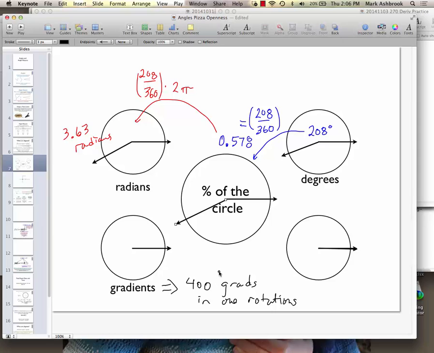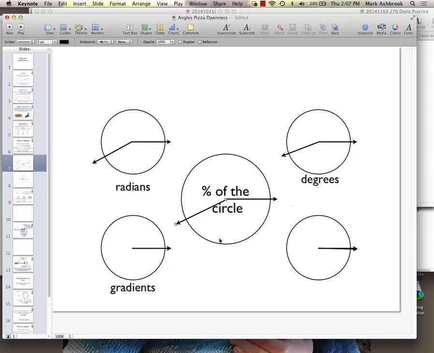Okay, so I want you to find how many degrees and radians is 79 gradians, 79 grads. How many degrees, how many radians? First of all, what quadrant? First. They want first, agree?